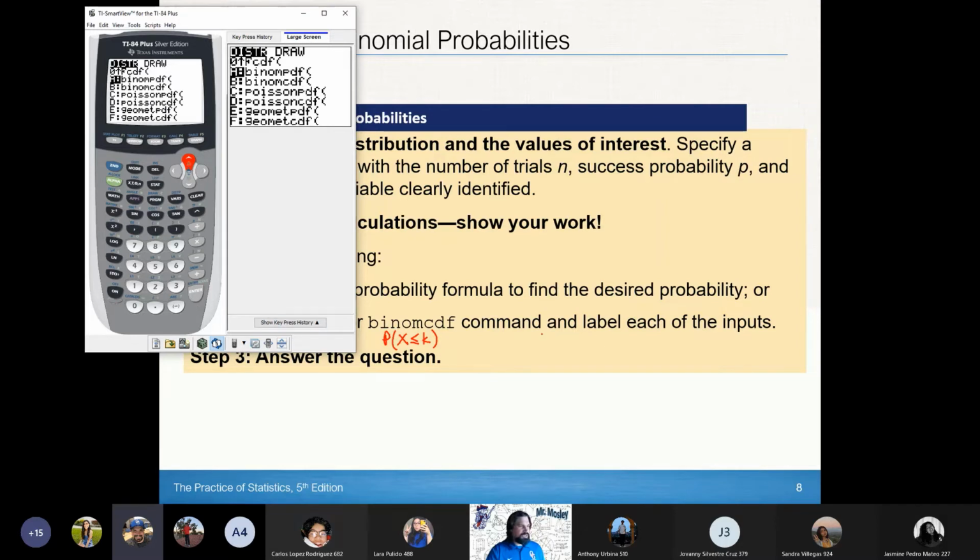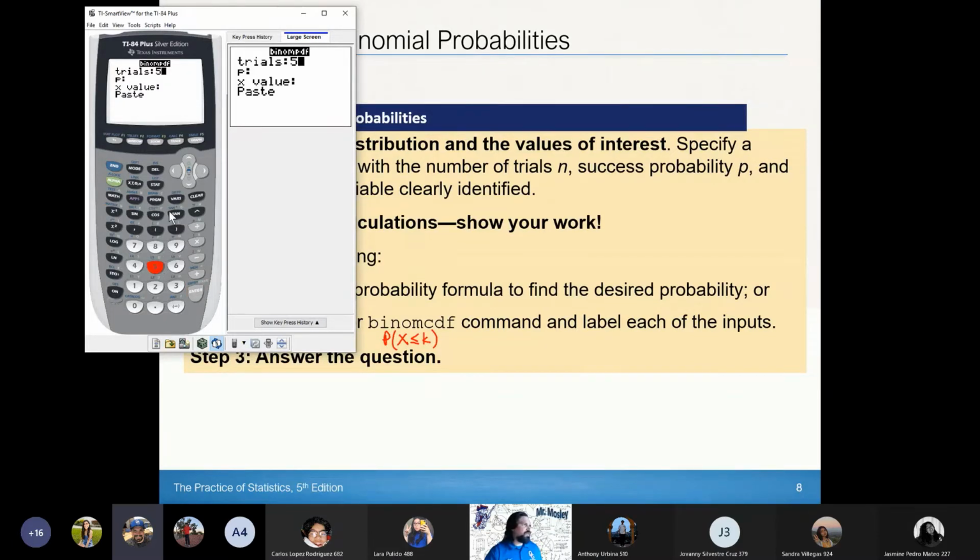Labeling each of the inputs means saying what number of trials, probability of success, and your value k that you're interested in, number of successes. Those are each asked for as an input here. We'll use the example from previously.